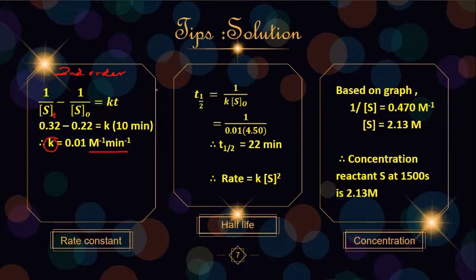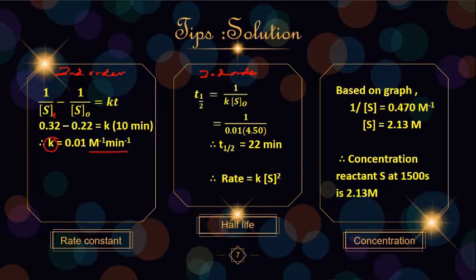Okay, now we need to find the half-life. For second order, you derive it from the rate law: half-life equals 1 over K times the concentration S naught. So 1 over K, which you already got from the first question, 0.01. Then you need to find the concentration S naught.